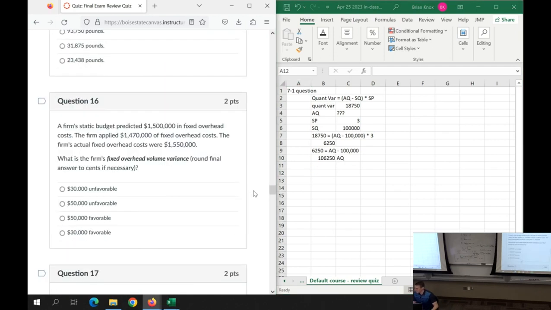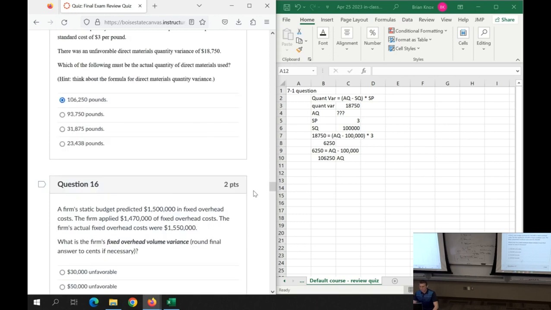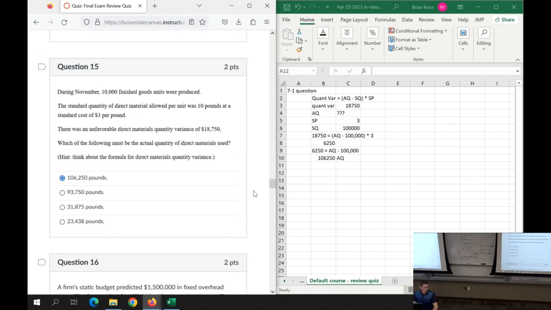Okay, move on. Is it just process of elimination because it's unfavorable, so it would have to be larger than the SQ? The way I reasoned it out was simply because I know that it's unfavorable to have the actual greater than the budgeted amount.